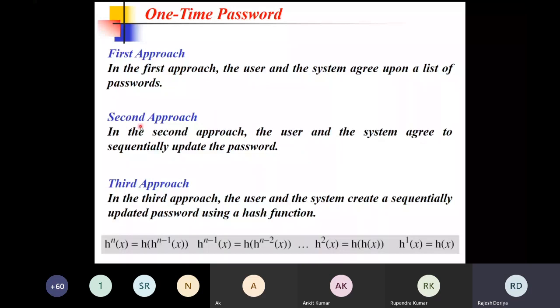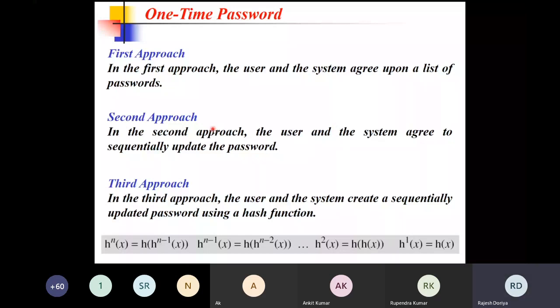Then in the second approach, the user and the system agree to sequentially update the password. For example, we have two parties, Alice and Bob, right? Now the moment Alice tries to communicate with Bob for the first time, let's say with the password P0, while this communication is going on with the help of the P0 password, they also exchange another password for the next session.